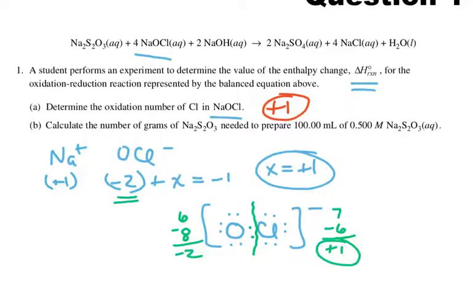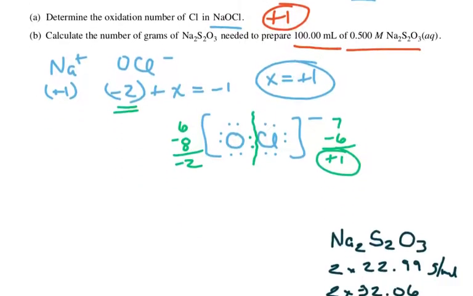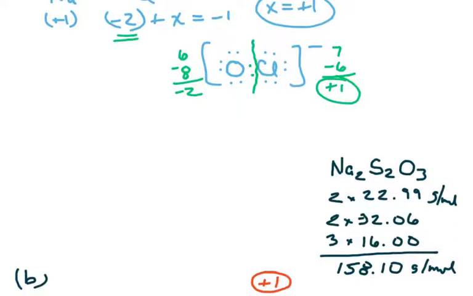Okay, the second part says calculate the number of grams of sodium thiosulfate needed to prepare 100 milliliters of a 0.500 molar solution of Na2S2O3. So first off, we're going to need to have the molar mass of Na2S2O3. So using the numbers from the periodic table on the test, I see that sodium is 22.99.